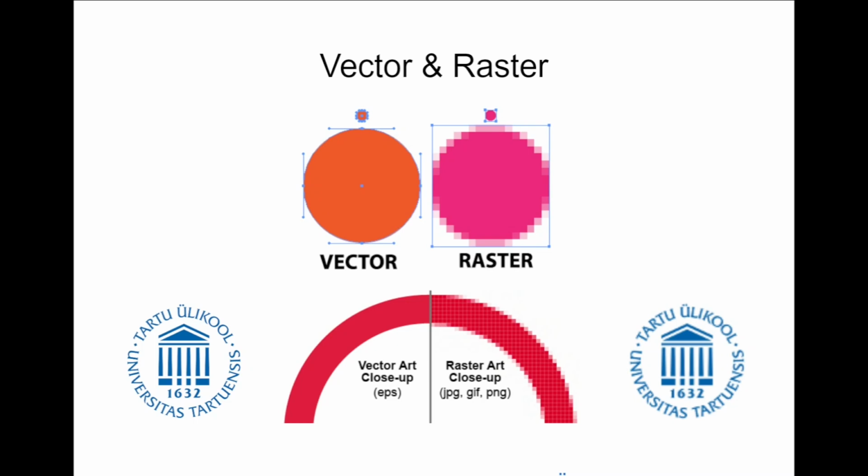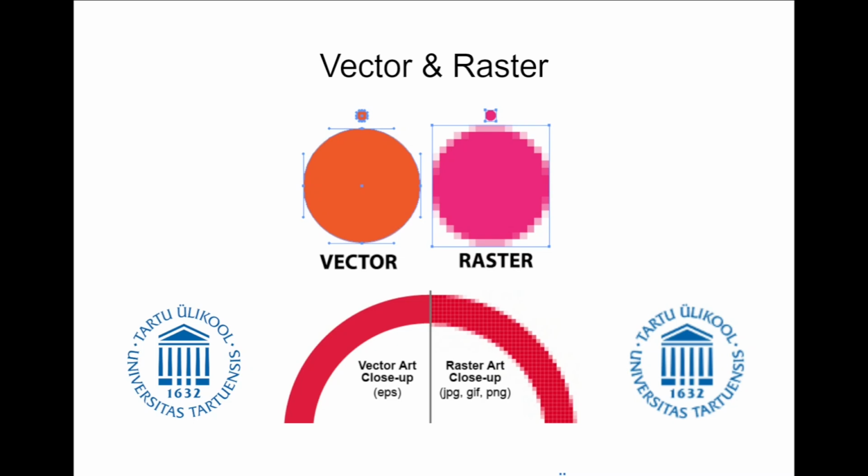When a vector graphic is zoomed in, because it is given by equations and formulas, your computer will recalculate the shape of the visible fragment of that image, and you will see it as a smooth curve. Whereas if it's a raster graphic, you zoom in and you start seeing pixels.